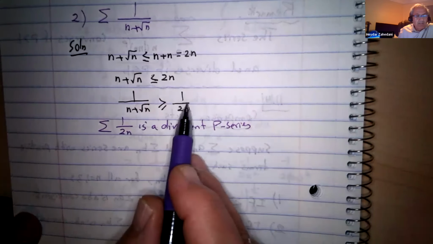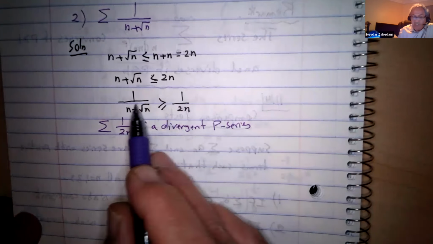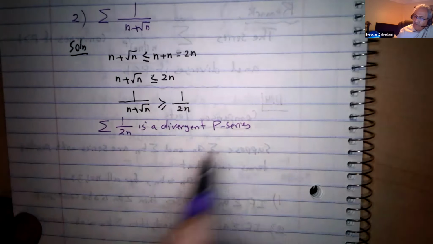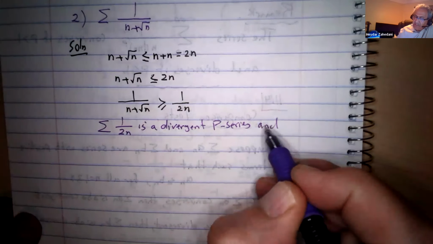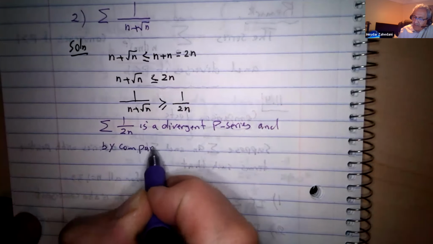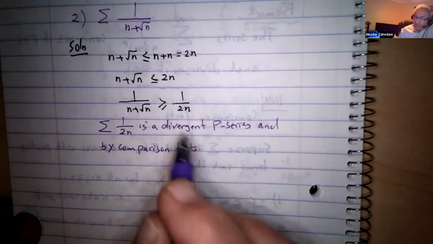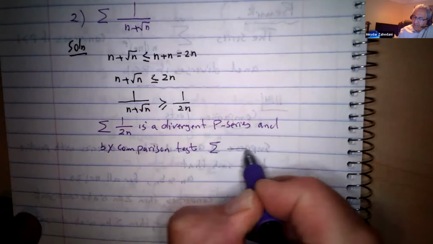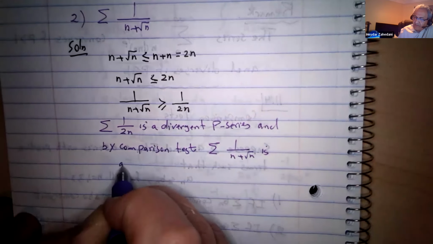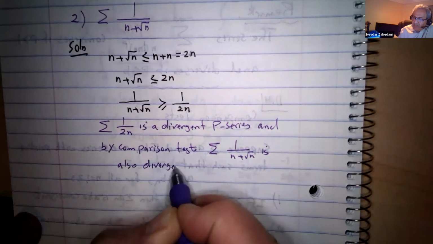So when this goes to infinity, anything else bigger than this would follow, okay? And by comparison test, the bigger series, sigma of 1 over n plus radical n is also divergent. Divergent, and you're done.